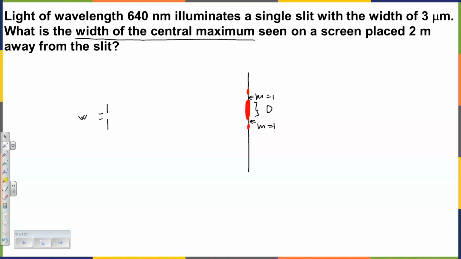What we know is that there is no light traveling in this direction, and there is no light traveling in that direction. So if we draw a line perpendicular to the screen, that will be theta 1. And this, we can call it x, should be equal to exactly a half of what we're looking for.